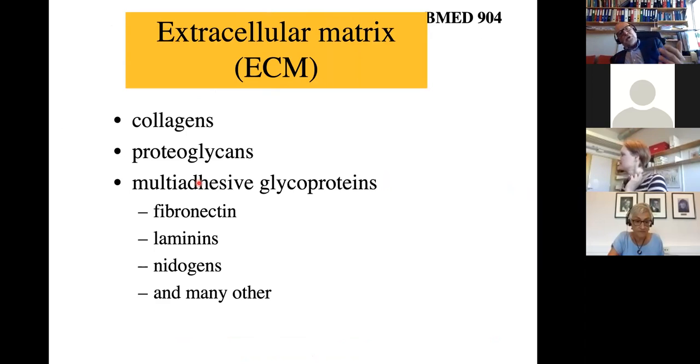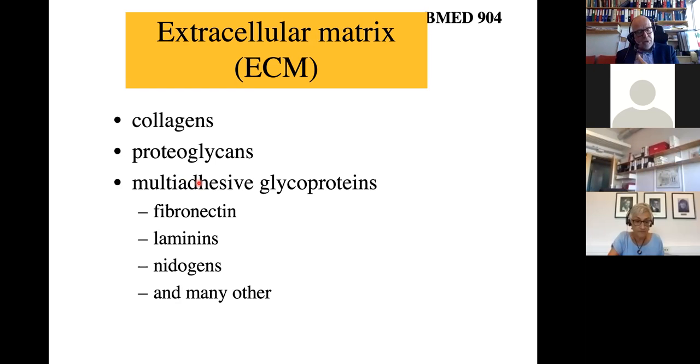And so nowadays we have sequenced the genome, right? We know how many proteins we have, and we also have categorized the proteins that belong to the extracellular matrix. And there are a large number of proteins. So to make some sense of all these different proteins, we sometimes divide them into 3 categories: collagens, proteoglycans, and all the rest, which are many, many proteins. In lack of other good terms, we call them multi-adhesive glycoproteins.